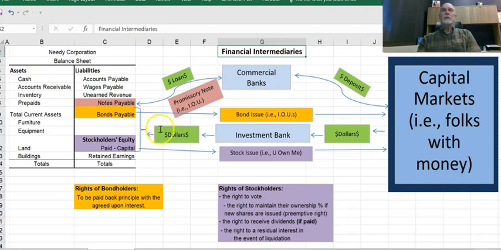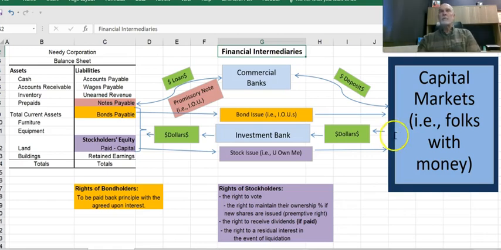Well, suppose Needy Corporation wants to get a lot more money than the local bank is willing to lend them. What they might decide to do, instead of going through a bank, is go straight to the capital markets out here and borrow money directly from them.